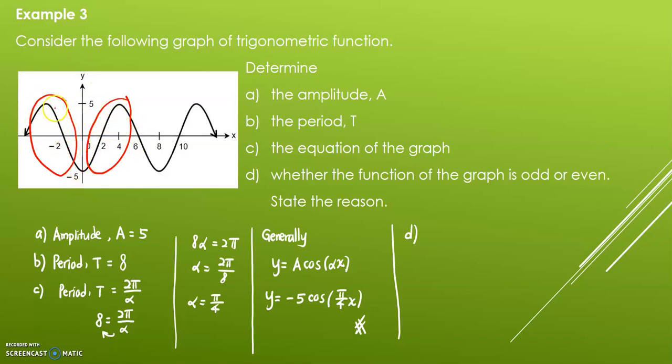The left hand side is symmetry to the right hand side. So we can say that this is an even function. Why? Because, we have to state the reason, the graph is symmetry about the y-axis.